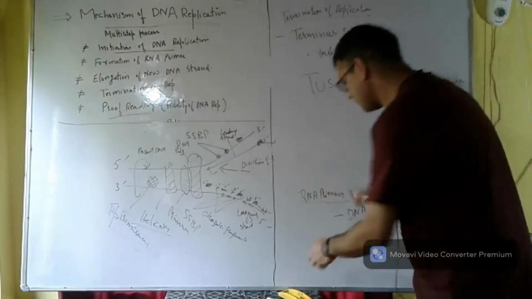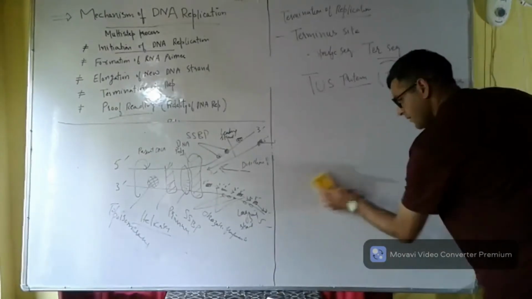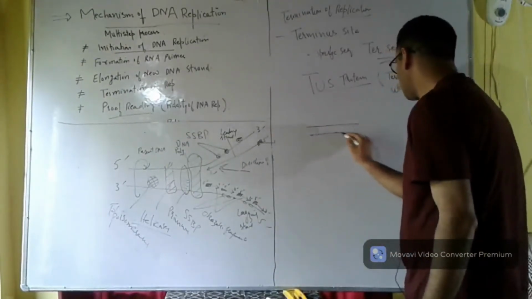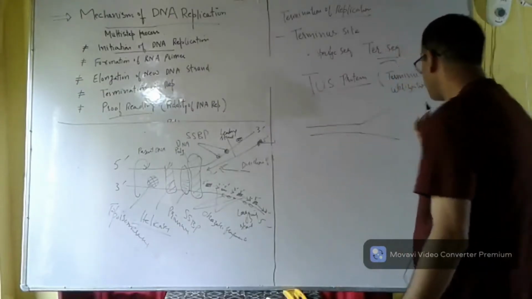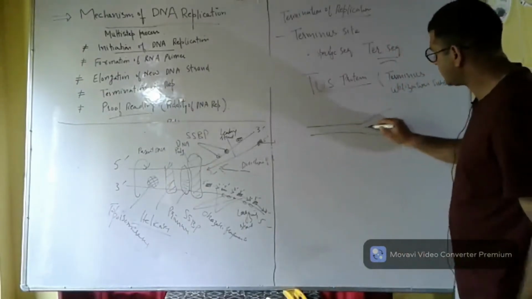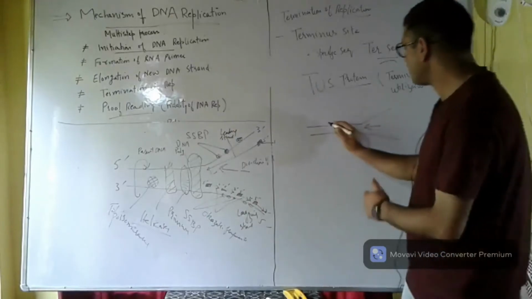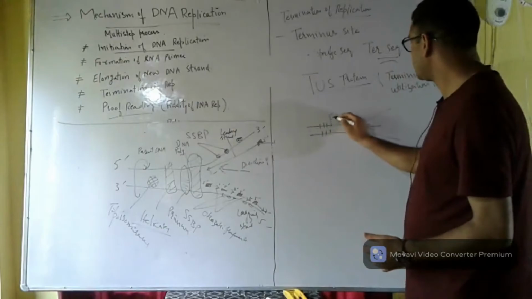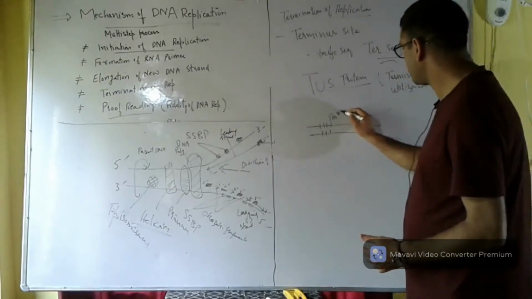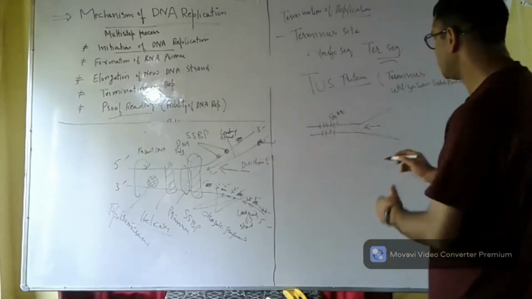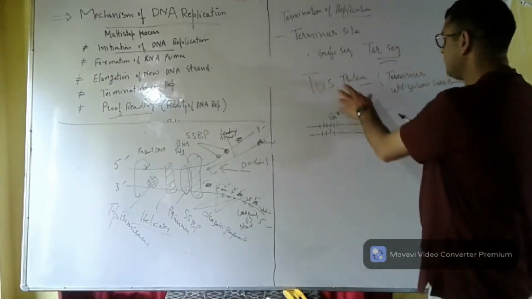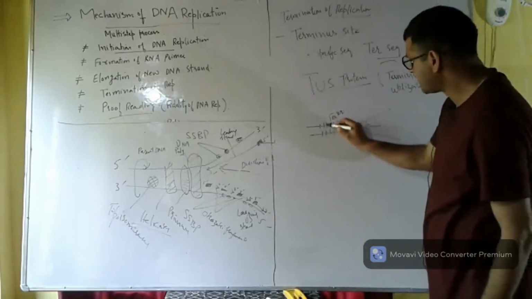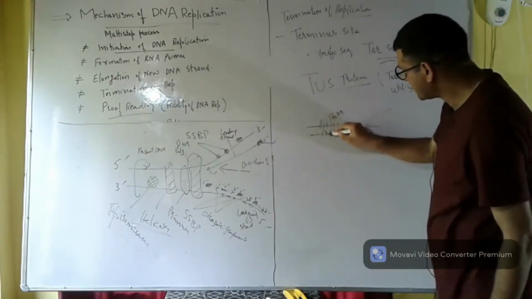It would be like this. For example, this is the direction of the replication fork. Here we have this TER sequence, and to this TER sequence on the DNA, the TUS protein has attached.